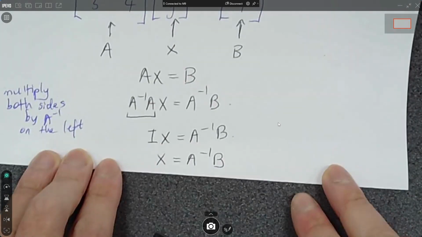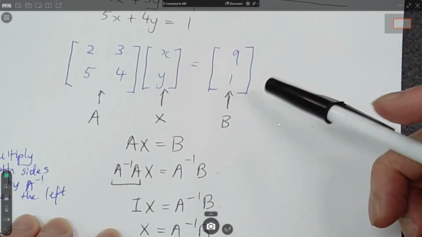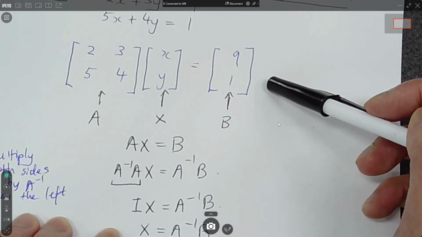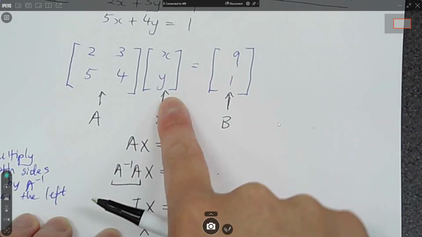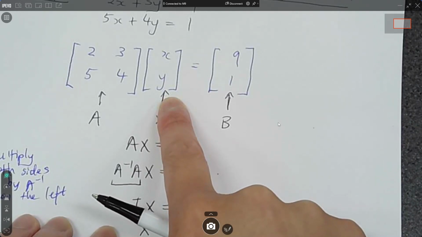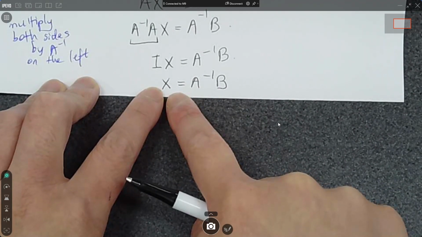Think about it this way. You see, I wrote my system of simultaneous equations using matrices. So if I can find this middle matrix with lowercase x and lowercase y, I'm done. I've solved the system because I have the two numbers that I need. Now, I've got an equation that tells me what capital X is.